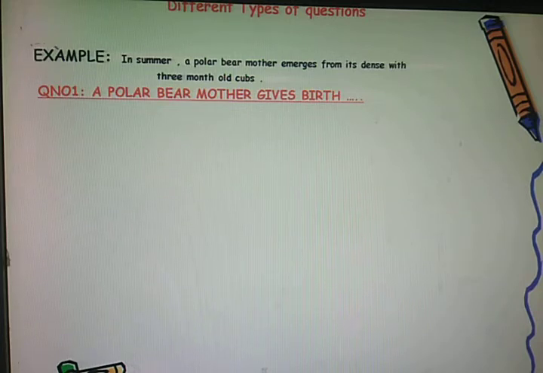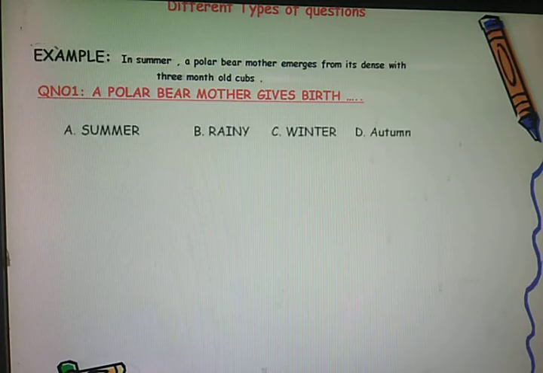Options: summer, rainy, winter, or autumn. My dear students, those who have ticked option D, they are right. D could be the correct one.